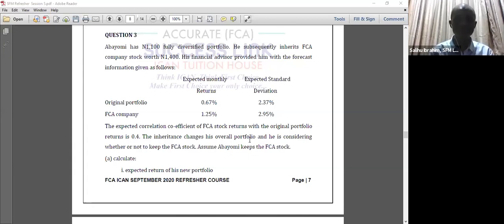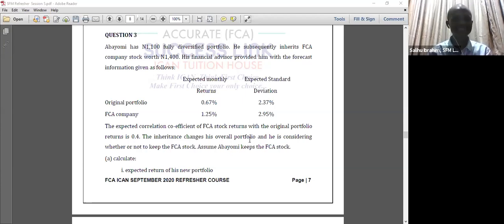He subsequently inherits FCA company stock worth 1,400 naira. His financial advisor provided him with the forecast information given as follows. We have expected monthly returns.